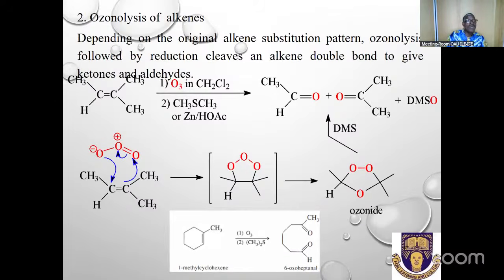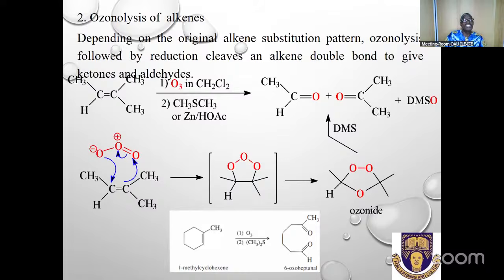Okay, another way of forming an aldehyde or ketone is by ozonolysis. We said the first one is by oxidation of primary or secondary alcohols, and that will give you aldehyde and ketone. But another method of preparing aldehydes and ketones is by ozonolysis of an alkene.